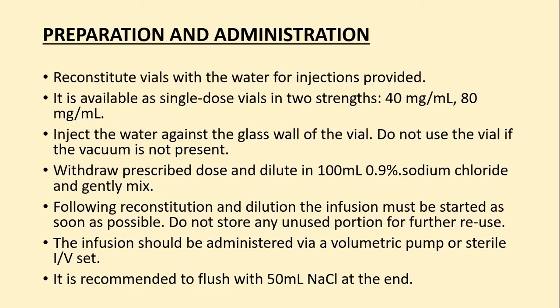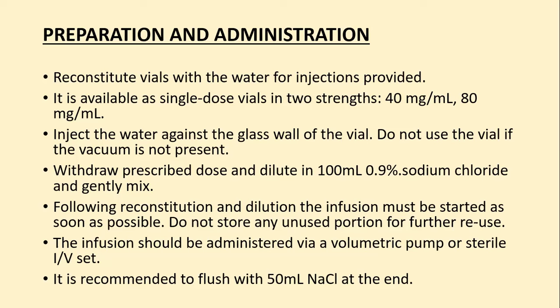Preparation and administration. Reconstitute the vials with water for injection. Usually the Pfizer Solu-Medrol is provided in 2 concentrations, 40 mg per ml or 80 mg per ml. Inject the water against the wall of the vial, and do not use the vial if vacuum is not present. Withdraw the prescribed dose and dilute it in 100 ml of normal saline.